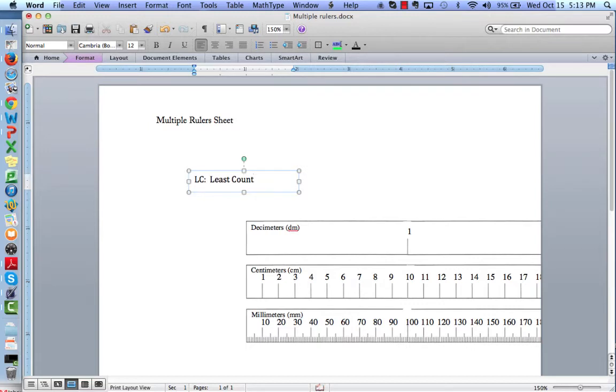And what least count is, it's the value of the space between 2 consecutive tick marks. All right.